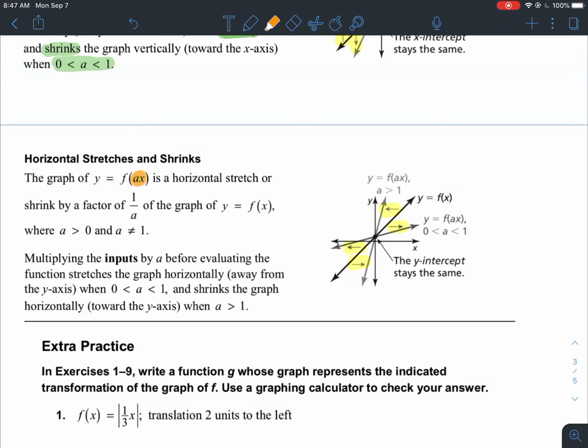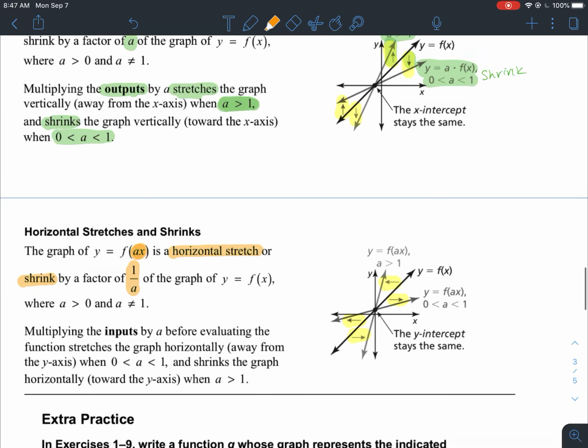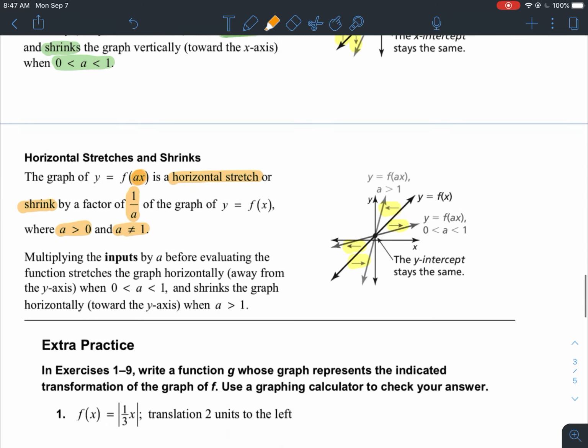Now we're talking about a being inside our function, is a horizontal stretch or shrink by a factor of 1 over a. Instead of here, it was a. Here, horizontal stretches are 1 over a. Alright? Of the graph y equals f of x, where a is greater than 0 and not equal to 1.